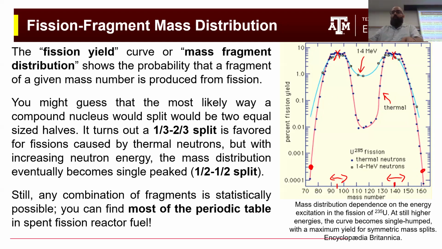And I think that's pretty cool because what it ends up meaning is that if you think about nuclear reactor fuel, as that reactor is operating and as those nuclei are splitting, you're producing like everything on the periodic table. Anything under uranium 235 technically could come out of a fission reaction. So in your reactor fuel, you can have gold, platinum, nickel, all kinds of stuff in there because that fission product distribution can basically produce anything in this mass number range.